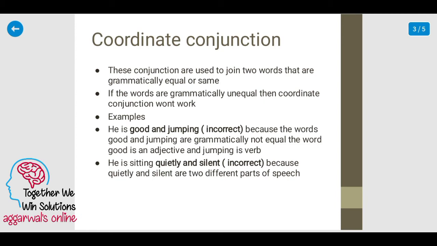It is also a grammatically incorrect sentence. Why? Because quietly is an adverb and silent is an adjective. So we cannot join an adverb with an adjective. So coordinate conjunctions are always used to join those words, clauses or phrases that are of equal grammatical rank.